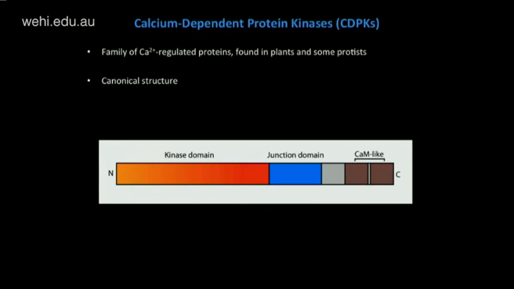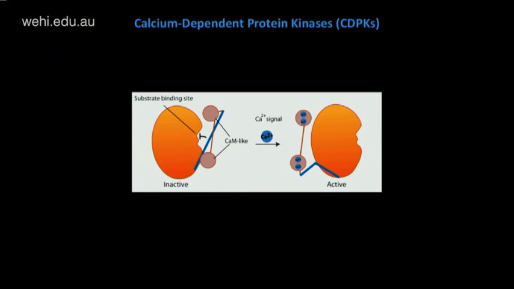The CDPKs all have this canonical structure featuring an N-terminal kinase domain, which is fused to a C-terminal regulatory domain. This regulatory domain includes an autoinhibitory domain, which blocks the substrate binding site of the kinase.